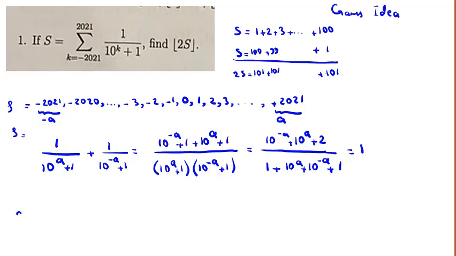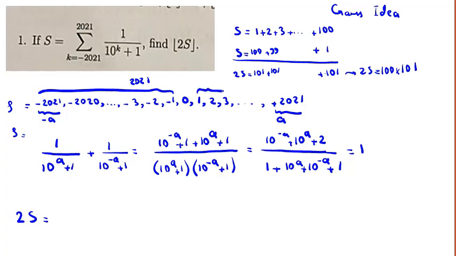So 2s equals what? Like here we said 2s is 100 times 101. So how many terms do we have? 21 numbers here, 21 numbers here, 40, 42 plus 1, 43.